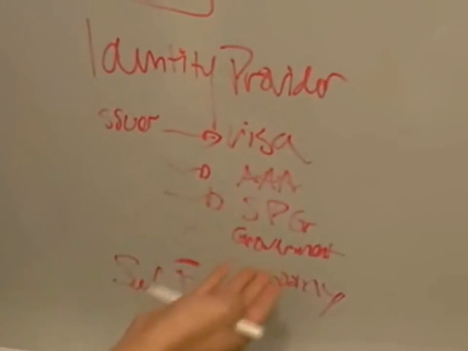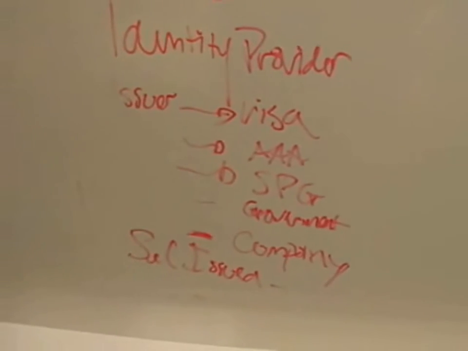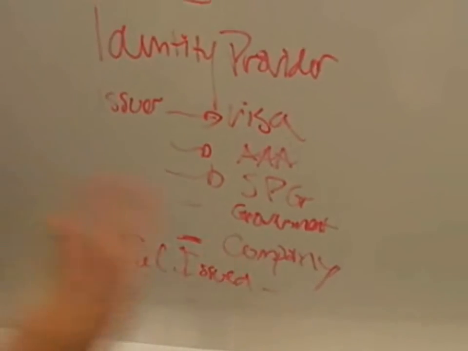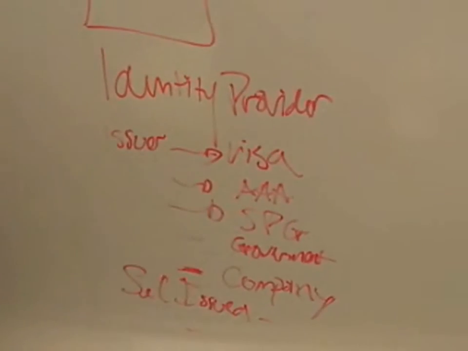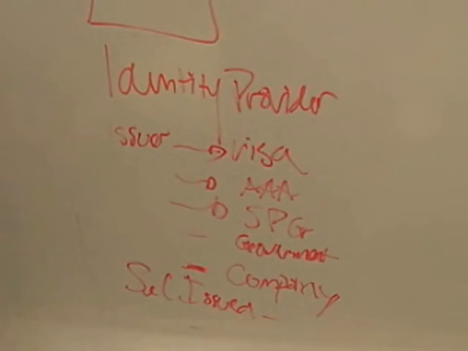So what normally happens is the identity provider, these issuers, right? You already have a relationship with Visa, or AAA, or the government. Makes sense. So maybe the scenario is you log into the identity provider, like Visa or AAA, and then AAA will say, please download the card here.